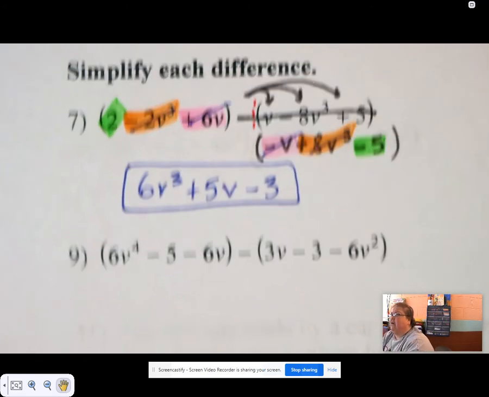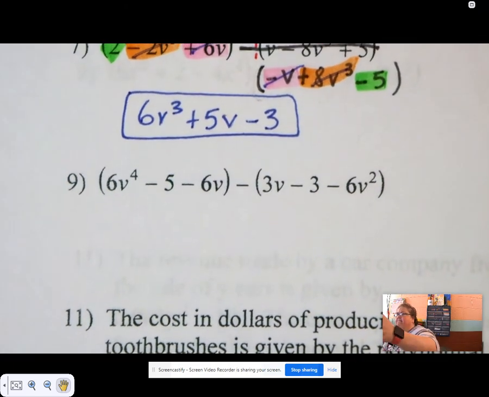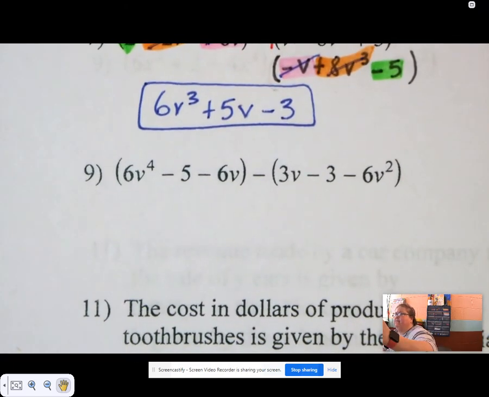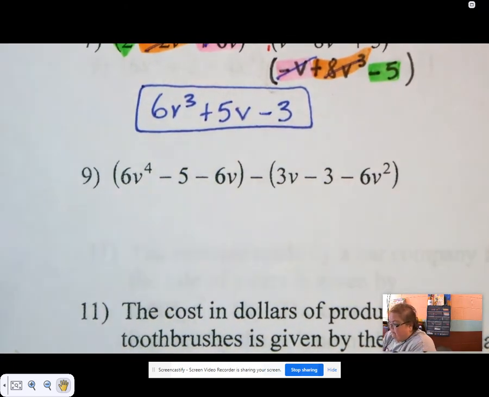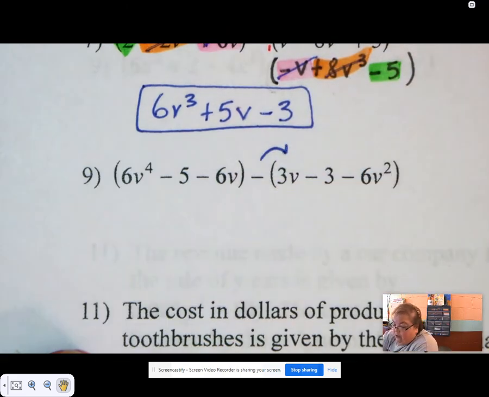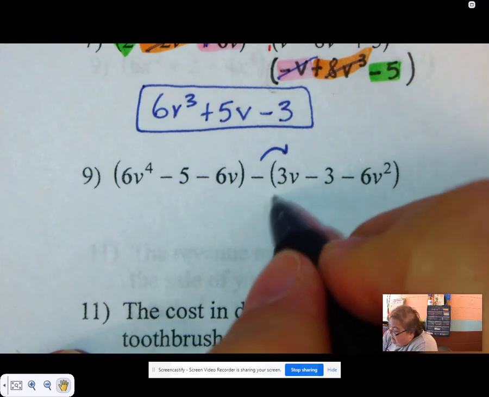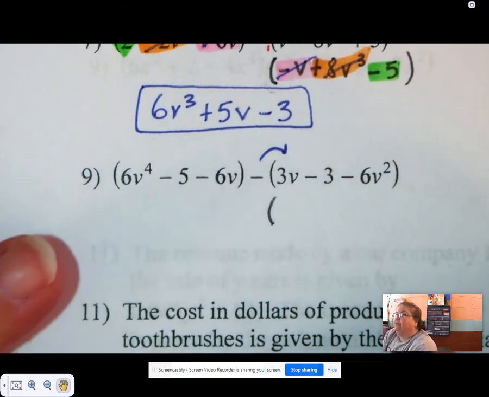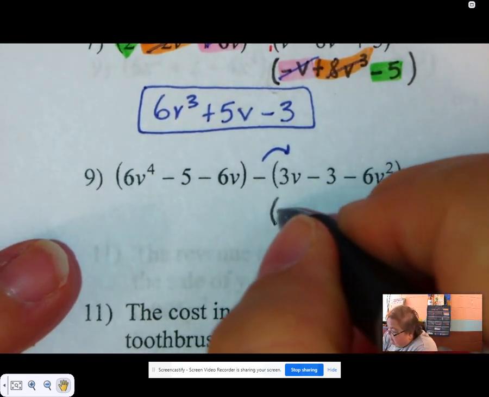Let's go down to number 9. Here we go. All right. Negative, so I got to distribute it. So my new problem is instead of 3v, it's going to be negative 3v.